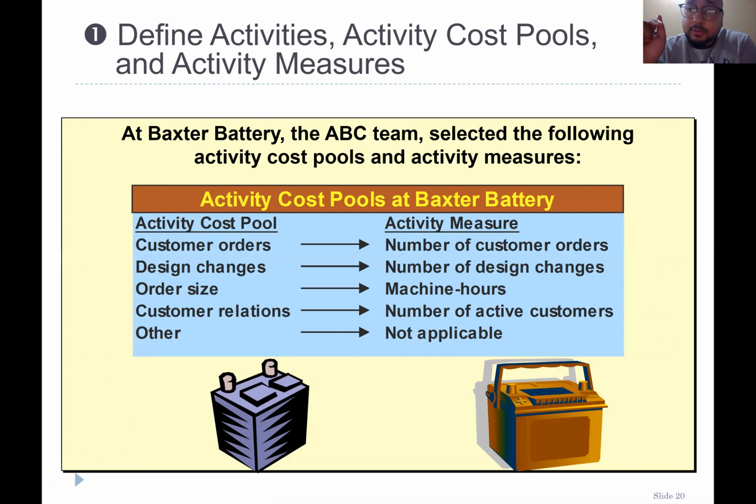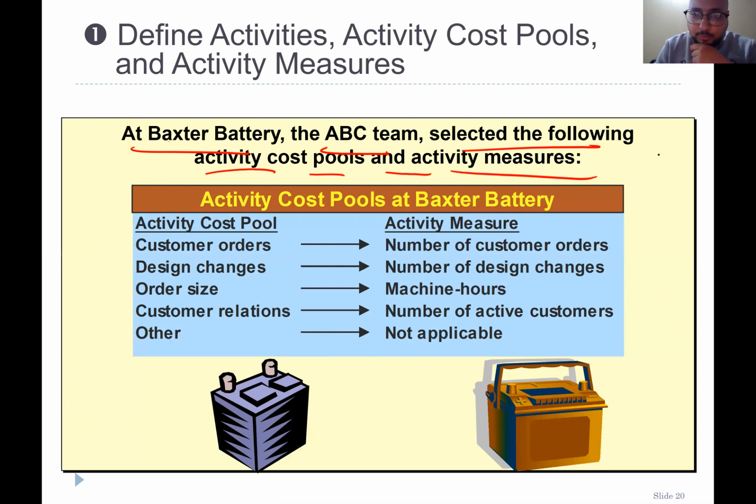Activity-based costing divides the whole process into at least 5 activities, right? So this is the application of activity-based costing, number 1. The Baxter Battery ABC team selected the following activity cost pools and activity measures.